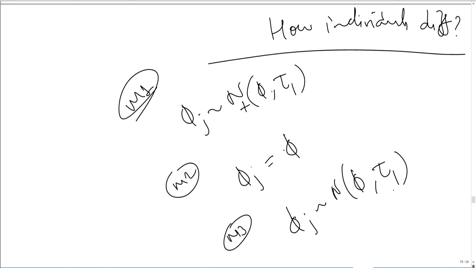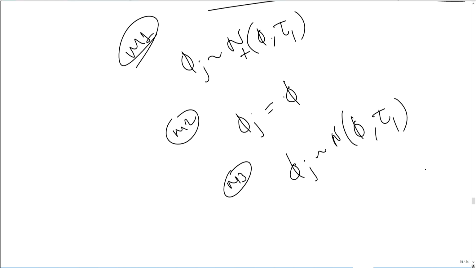Okay. And let us say model 1 does better than model 2 and model 3, then we can make a claim that individuals do differ in this population, but all individuals exhibit a positive value of phi.